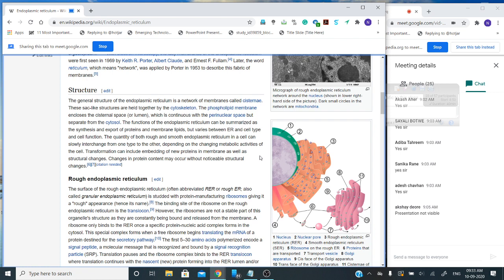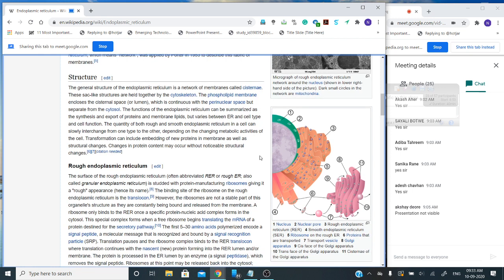Then the endoplasmic reticulum will do the further job of attaching lipids or steroids and other things to the proteins. We discussed yesterday also that the functions are the synthesis and export of proteins and membrane lipids.